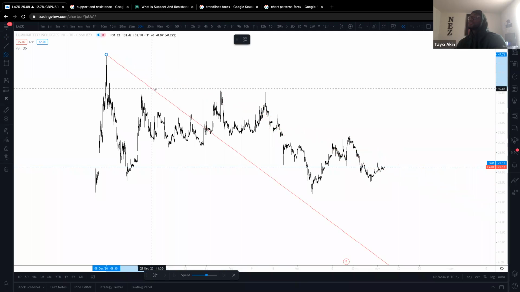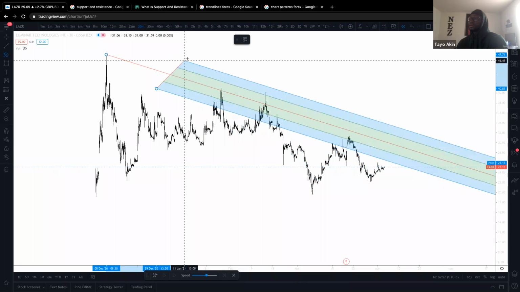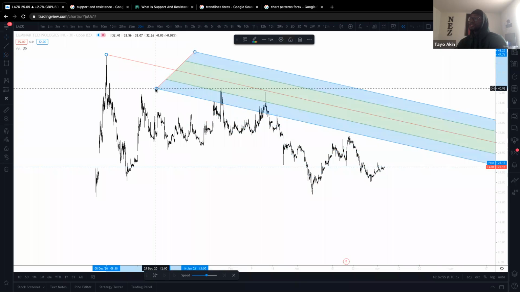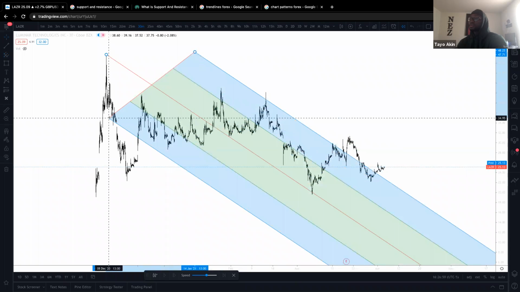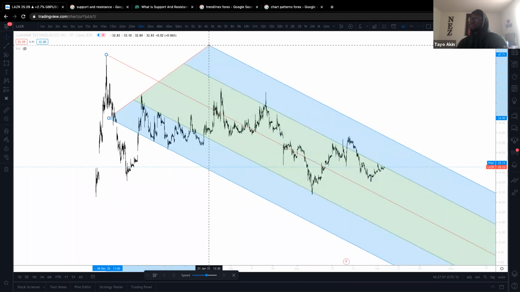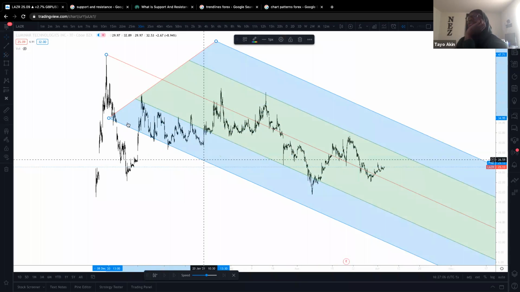So what you want to do is draw from the high to the low, and then stretch it across the chart.